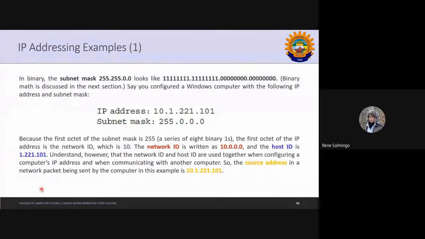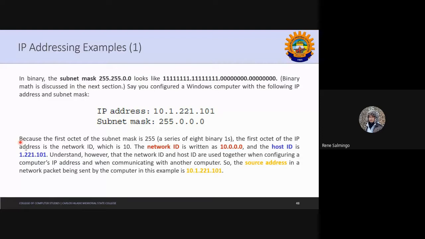Now we have the subnet mask example, 255.255.0.0. So how do we have this number? These are your binary numbers for 255, and this is the binary number for your second octet, that is 255 also, and these are for your third and fourth octets. So that is 0, 0.